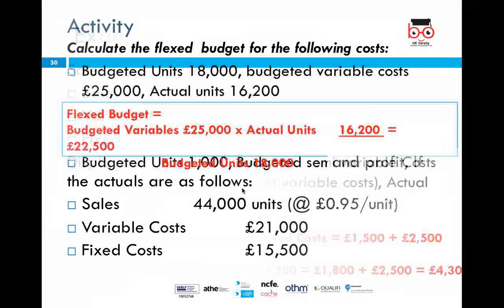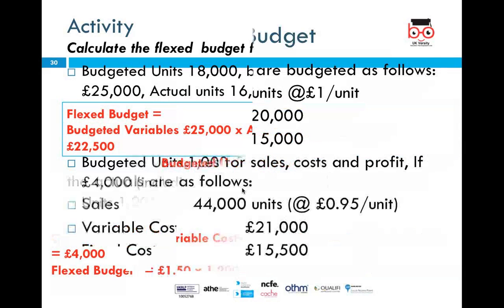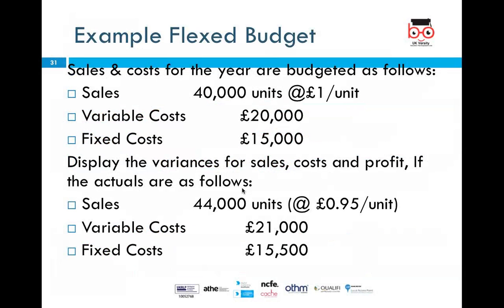So that's the activity we can do to calculate the flex budget for the cost. Now, for the flex budget, if we take one example here, like sales, variable cost, and fixed cost, and then that's a per unit cost for the sales, and in the actuals, that's the budgeted, and in actual it was 0.95 pence.